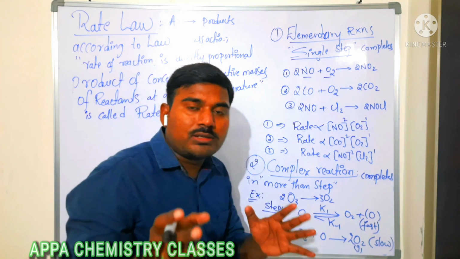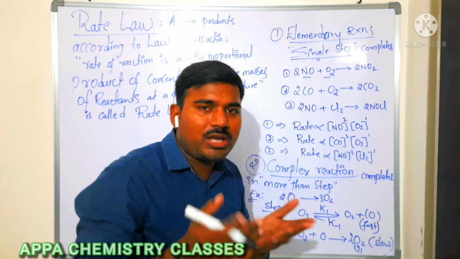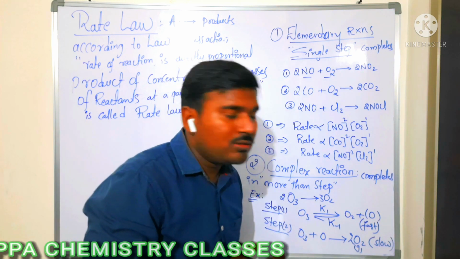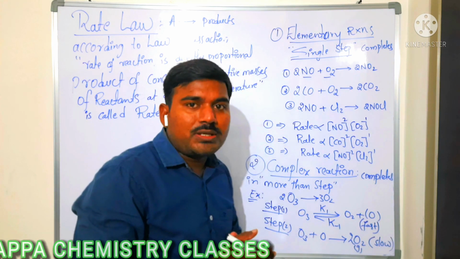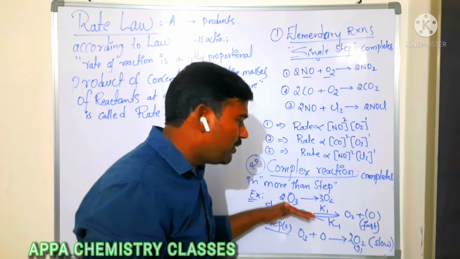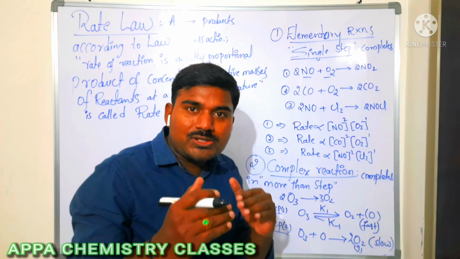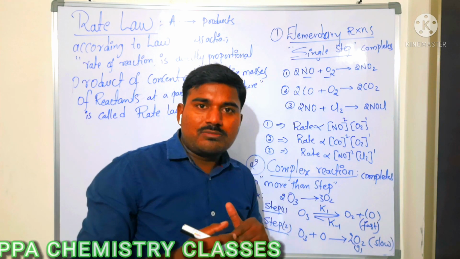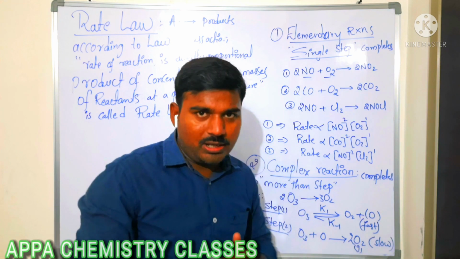Most of the reactions we have are complex reactions. Very few will be elementary reactions. So in case of complex reaction, several steps are there, and these all will be elementary steps. The sequential arrangement of elementary steps in a chemical reaction is said to be the reaction mechanism.